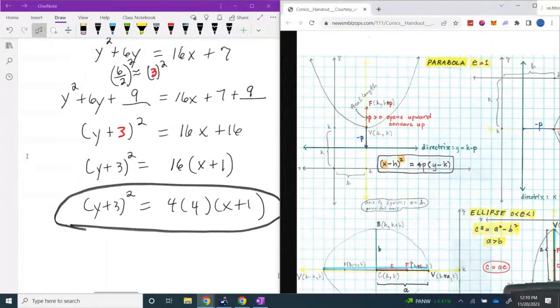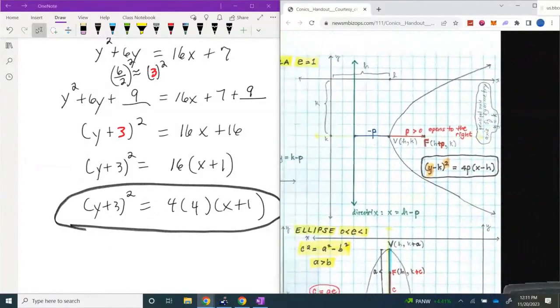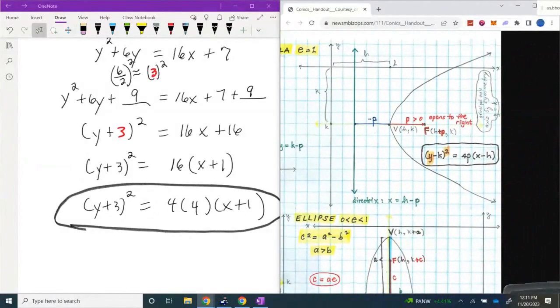All right, so we have y plus 3 quantity squared is equal to 4 times x plus 1. Since the y variable is squared, that's going to produce a C-shaped graph, right? Because remember, if x is squared, it's either an up or down parabola.